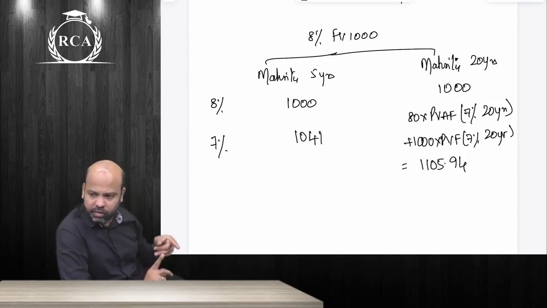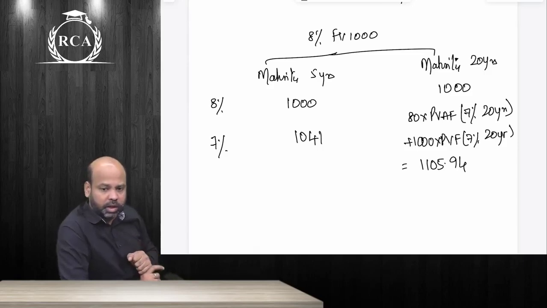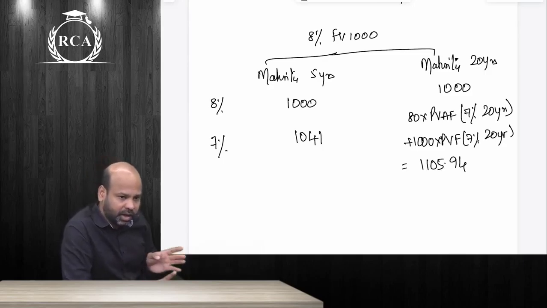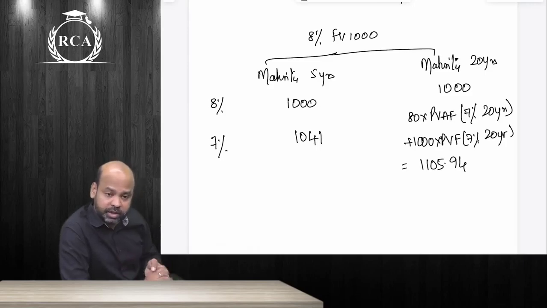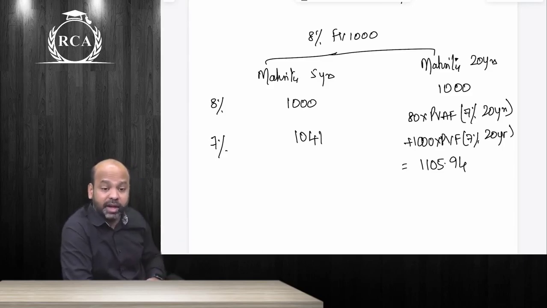So what do we understand here? First, what does price risk mean? In case you want to exit the bond, sell the bond before its original maturity period, you may not be able to fetch the value that you paid for it, guys, because of changes in interest rates.